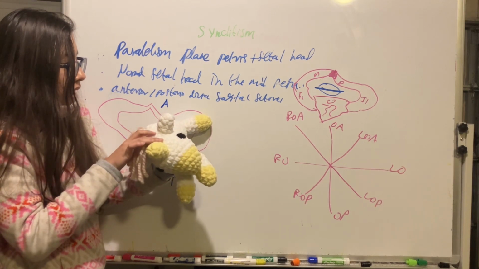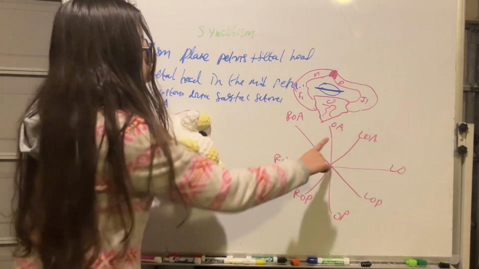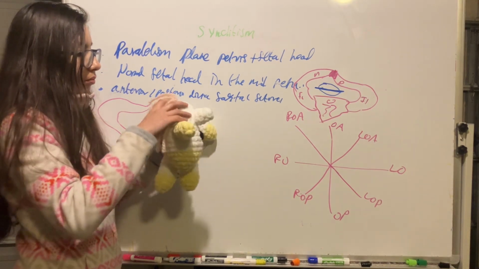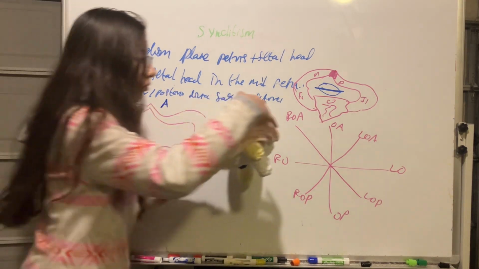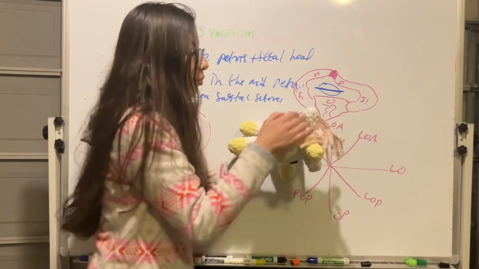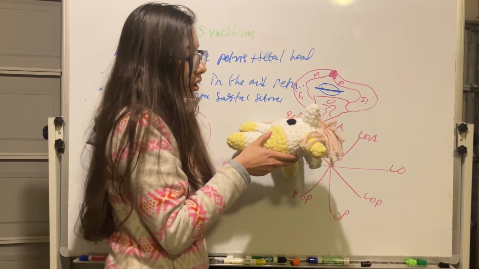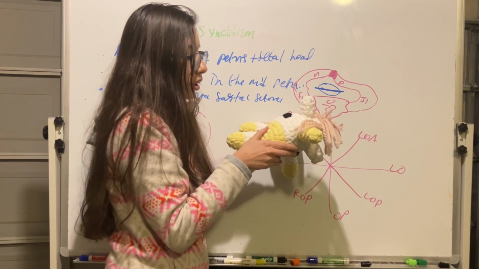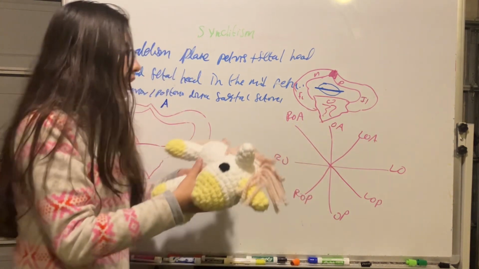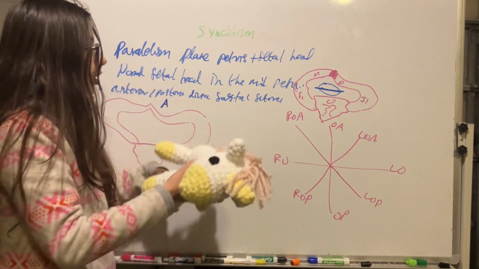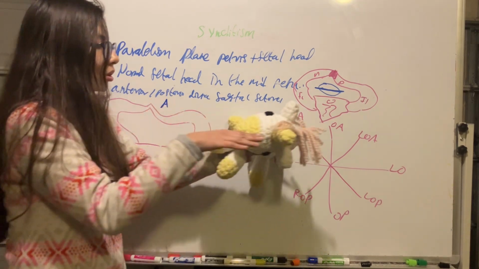We can have a left occiput anterior position, but the sagittal suture can be tilted some way anteriorly. So synclitism is when we have an anterior posterior deviation of the sagittal suture.